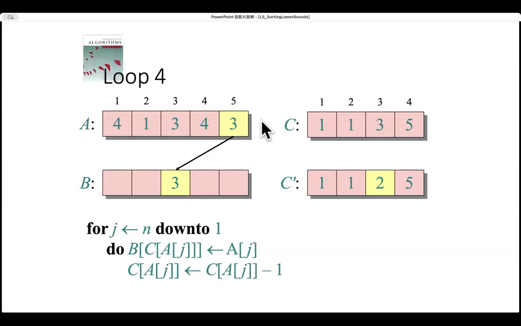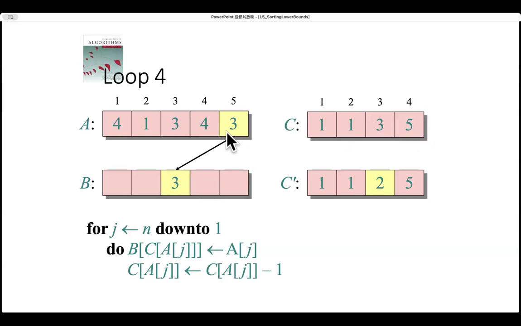So if you see a 3, it should be moved to index 3, and then you decrement this by 1. But the 5, for index 4: if you have a 4, you should still assign that to location 5, right? So this one should not be affected.